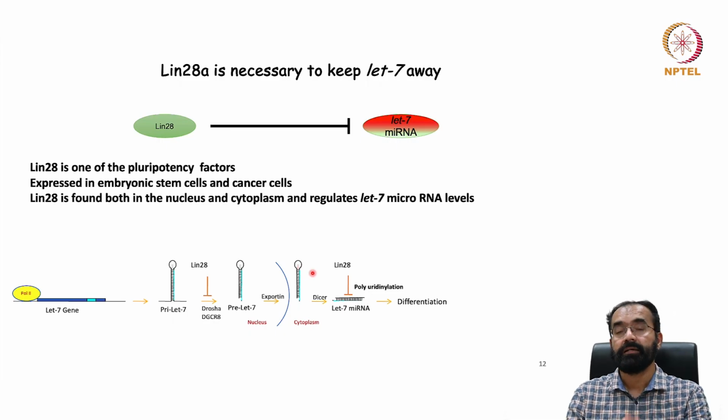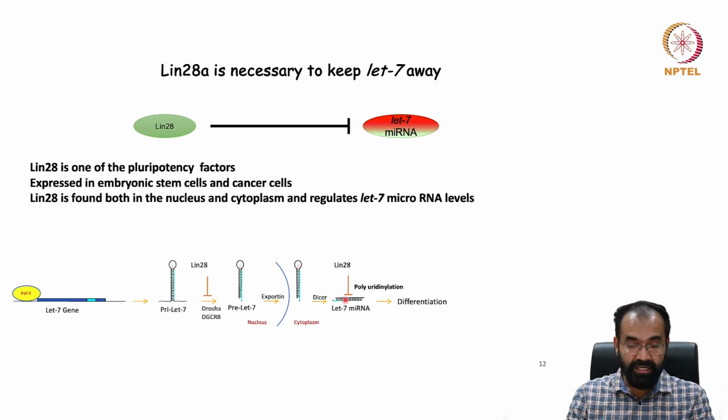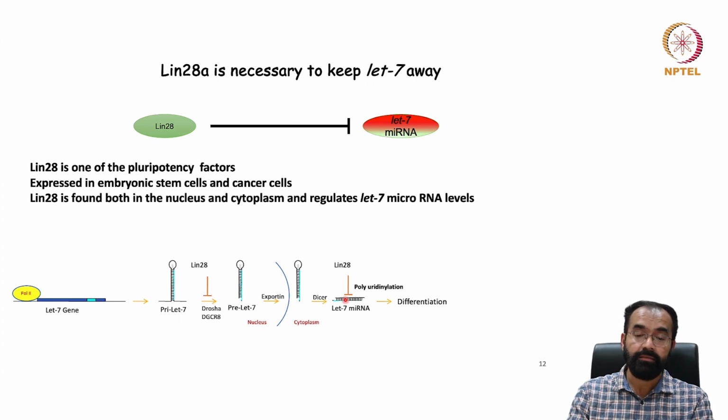This will help maintain the differentiated status. But LIN28 can degrade the pri-LET7 bound DROSHA DGCR8, and it can also cause the mature LET7 to degrade by polyuridinylation. So when LIN28 is present, it makes sure that there is no LET7 in the cell.